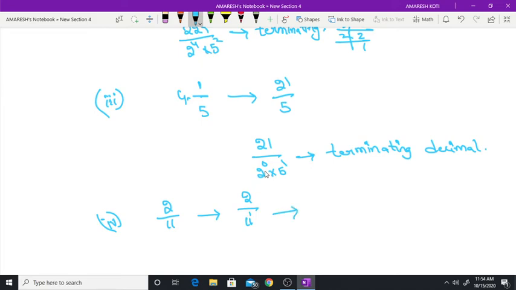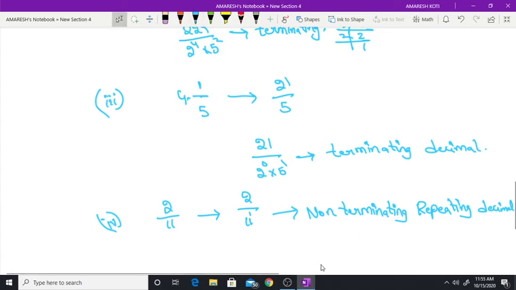So it is non-terminating repeating decimal. Simple, if the denominator is not in the form of 2 power m into 5 power n, then it is a non-terminating repeating decimal. Do the fifth sum by your own.